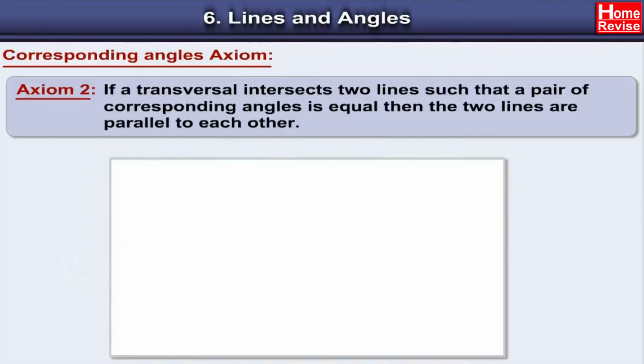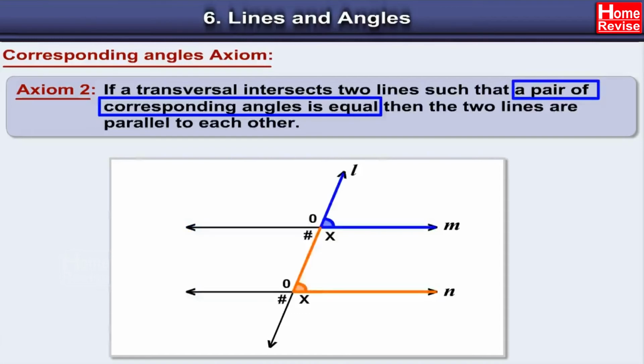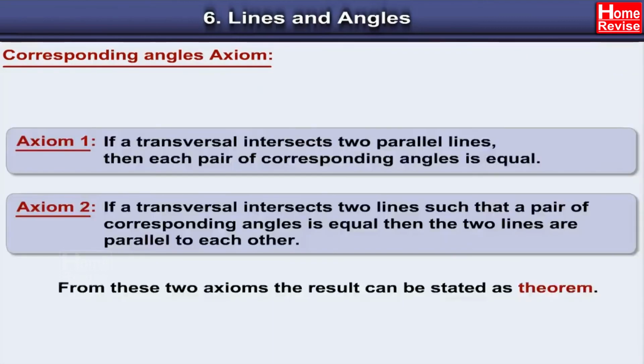Axiom 2: if a transversal intersects two lines such that a pair of corresponding angles is equal, then the two lines are parallel to each other. From these two axioms, the result can be stated as a theorem.